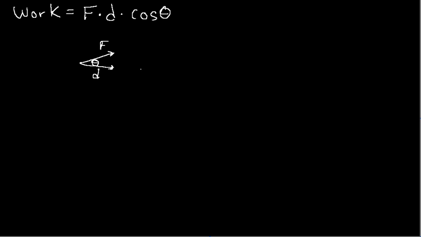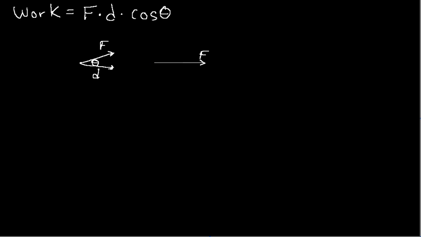And we said if they're lined up, if the force is in that direction, so this is my force, and let's say, for example, in yellow here, my displacement is also in this direction.